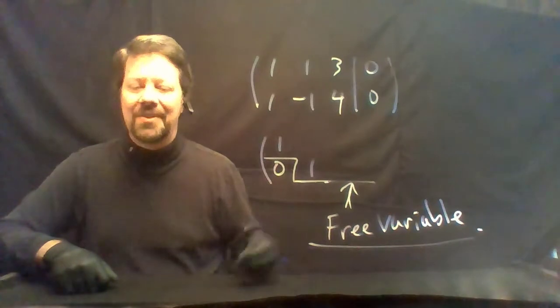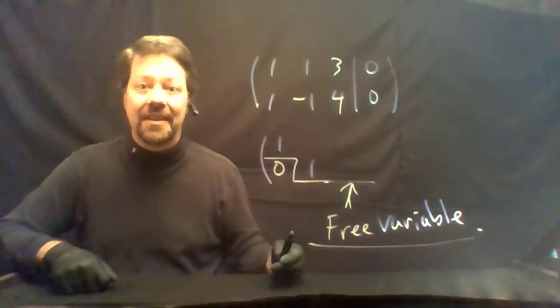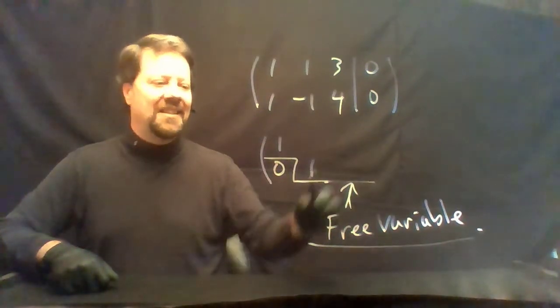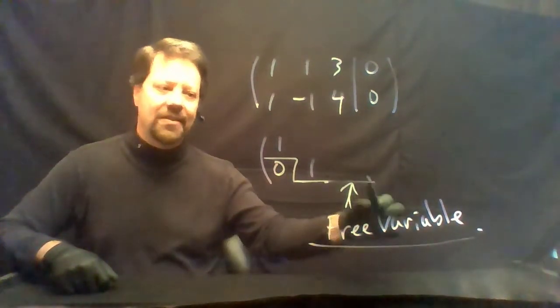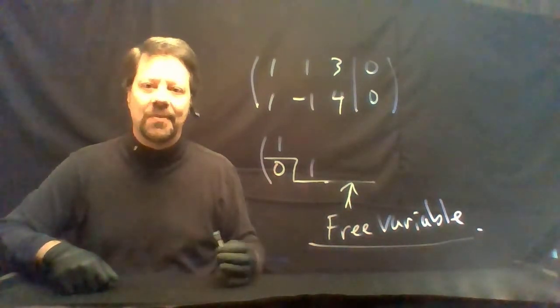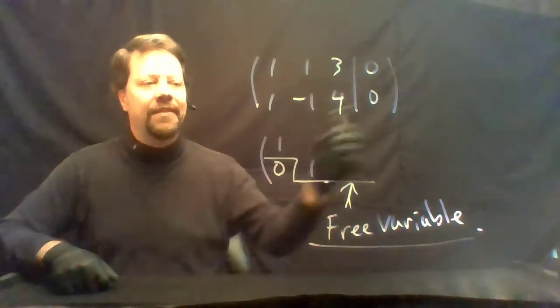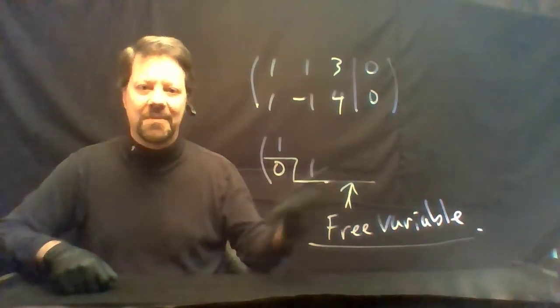That corresponds to too many vectors to begin with. We had 3 vectors in a 2-dimensional space. And so because we had this free variable, there was going to be a choice that we could make for that c3. Once we had that, everything else would fall into line. We'd have a non-trivial linear combination expressing one vector in terms of the others. We can generalize this in the following theorem.